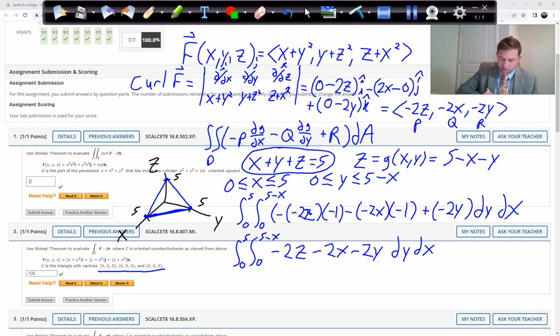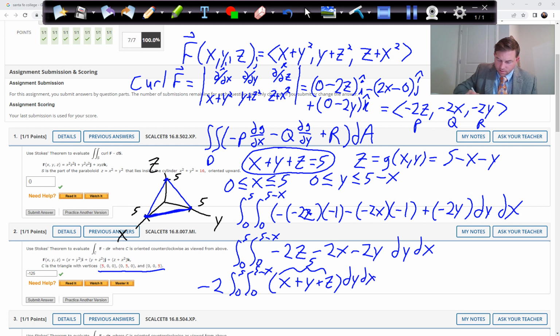So we can factor out a minus 2, and this whole thing would just be in a different order, x plus y plus z. But that whole thing is just 5. So we factor out 5 times 2 would be negative 10. And there's nothing left in the integral except for dy dx.